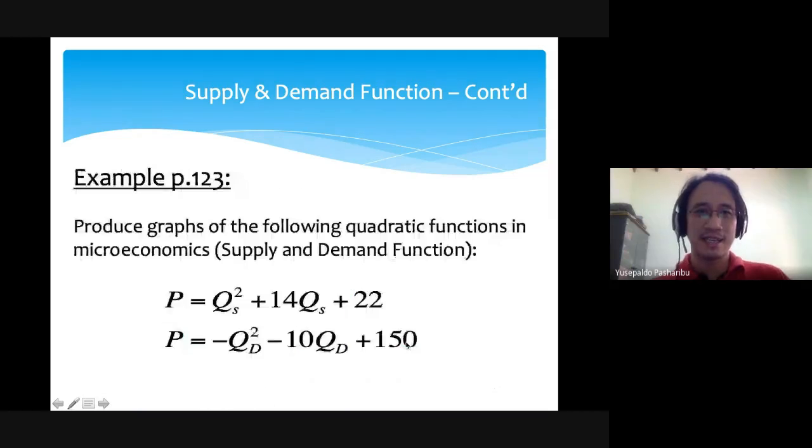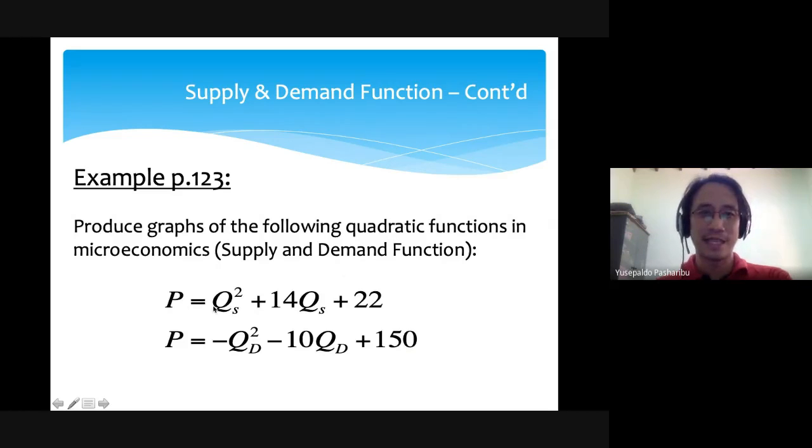Yeah, this is the example. Produce the graph of the following quadratic functions, P function Q. That means this parabola must be in vertical shape, a vertical parabola, P function Q. And there are 2 quadratic functions.